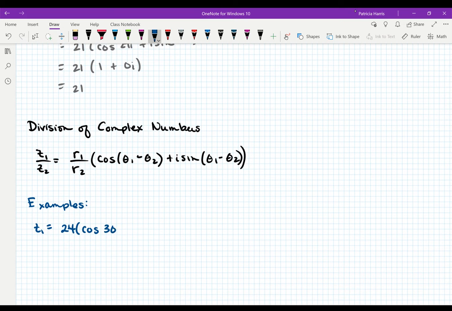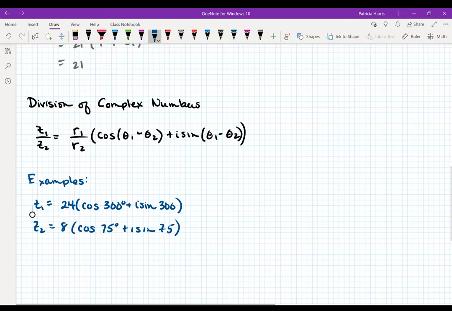Cosine 300 degrees plus I sine 300 degrees. And then z2, 8, cosine 75 plus I sine 75.